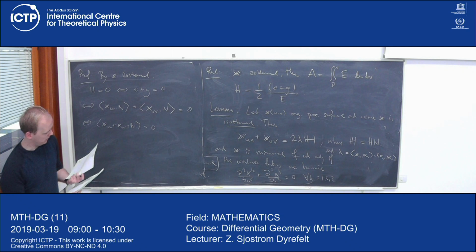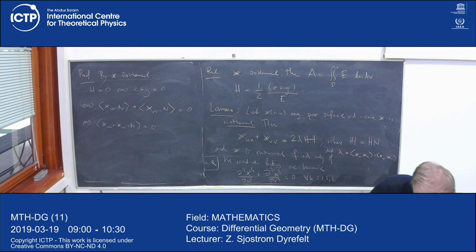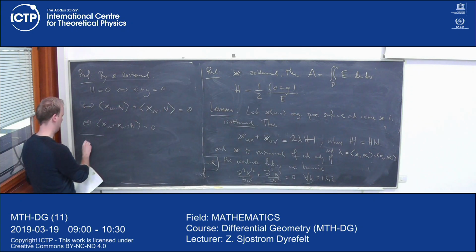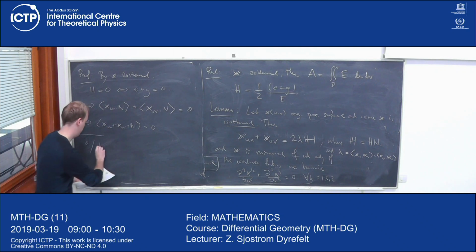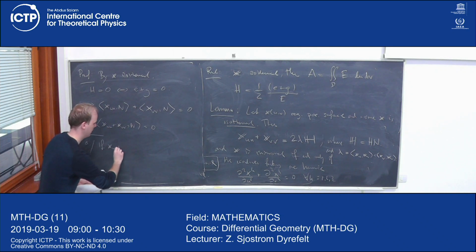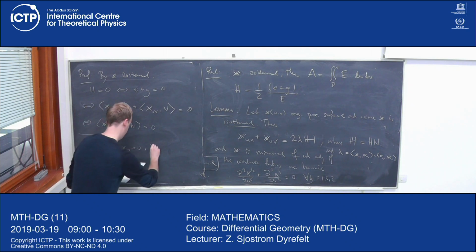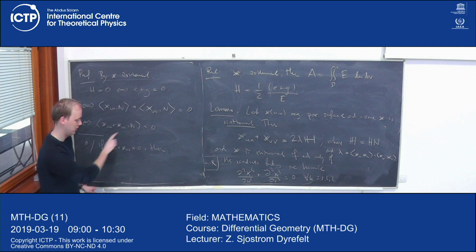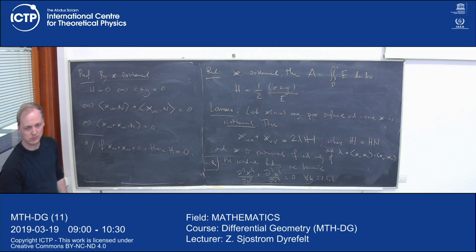So now we should see what can we say about these things. So clearly now, point A here, if x_uu plus x_vv is equal to 0, then this thing is equal to 0. Okay, so this means that H is equal to 0.